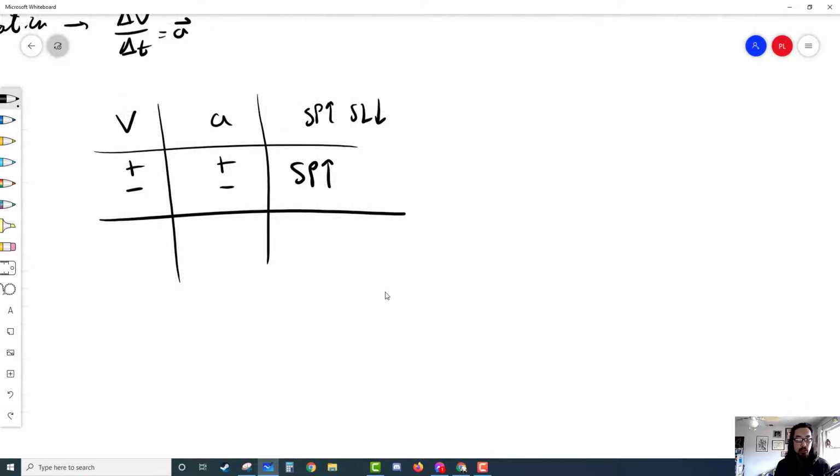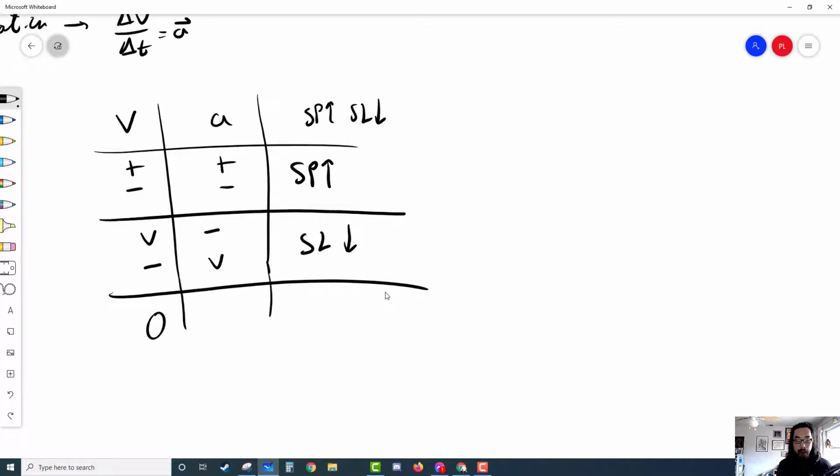We also stated that if the velocity and the acceleration are opposites of each other, they are slowing down. We also stated that if your velocity is 0, but you have an acceleration that's either positive or negative, the object will speed up in the accelerating direction.